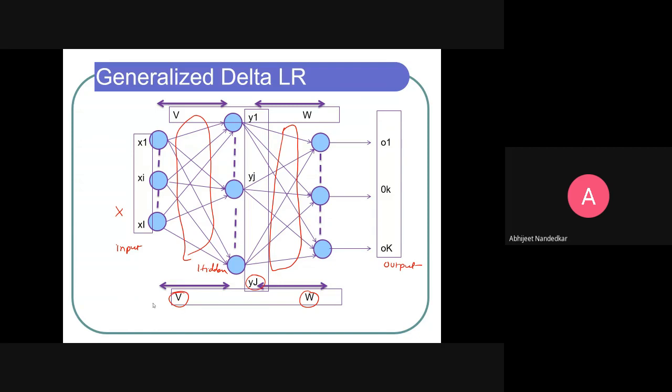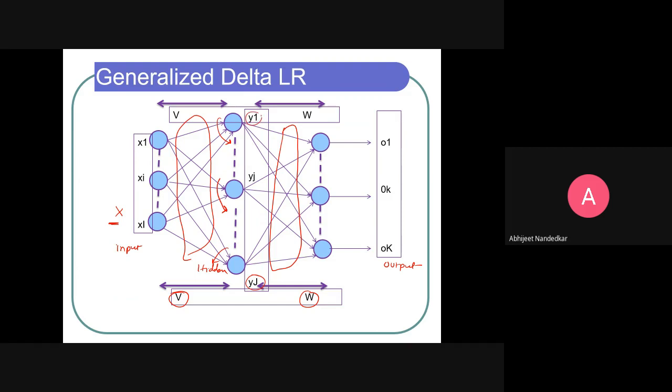So input X is supplied, then net is calculated here for each neuron, and then it will be passed through some activation function.